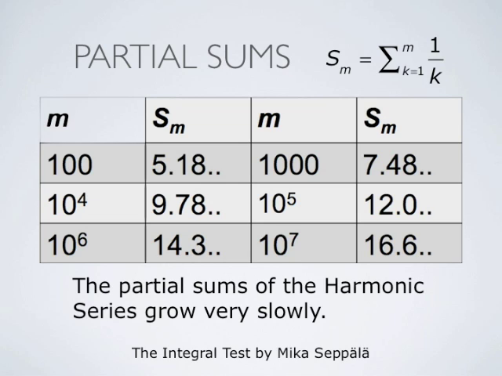The sum of the first million terms is 14.3 and so forth. And the sum of the first 10 million terms is still less than 17. So it seems that the partial sums for the harmonic series grow very slowly, and one might think that the harmonic series therefore converges.